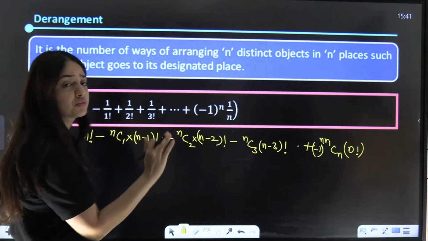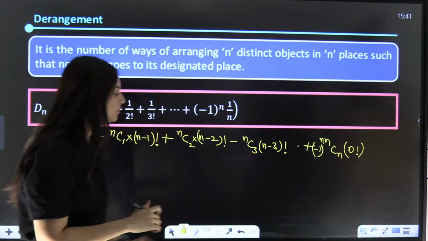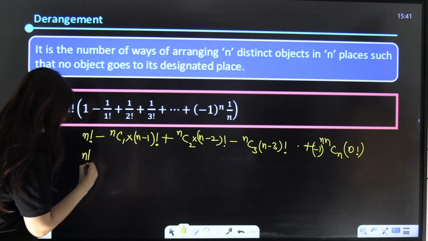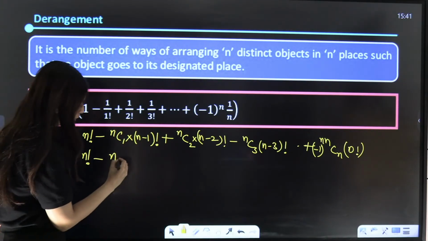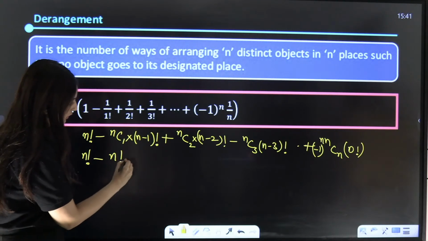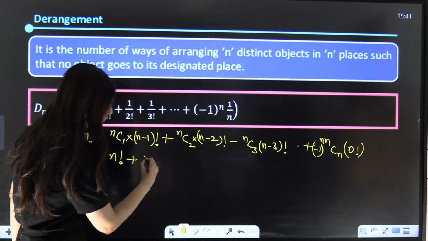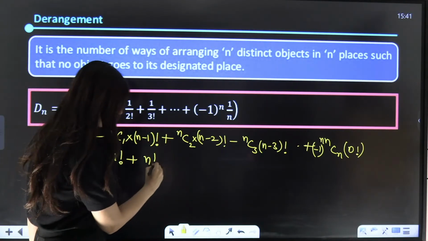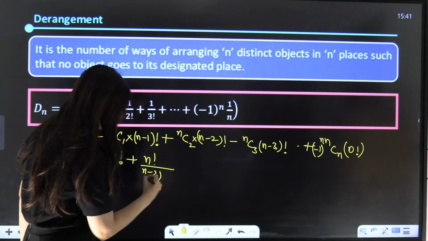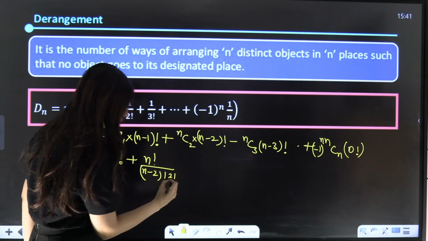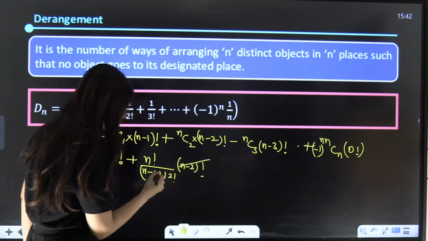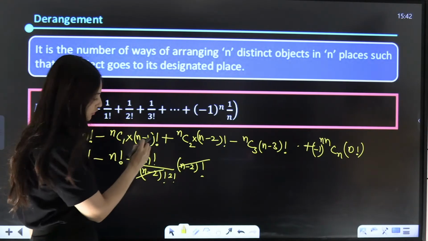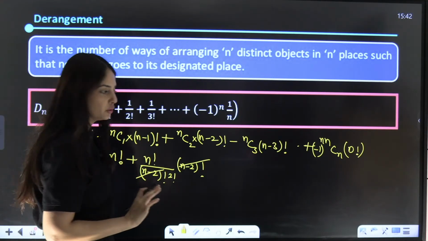Because these are a lot of calculations, right? So we will simplify each of these terms. n into n minus 1 factorial, that is n factorial, plus n factorial divided by n minus 2 factorial into 2 factorial into n minus 2 factorial. So n minus 2 factorial gets cancelled and we are left with n factorial divided by 2 factorial.